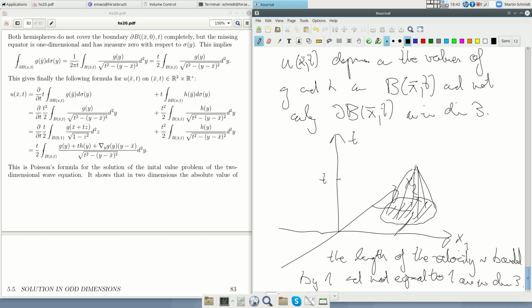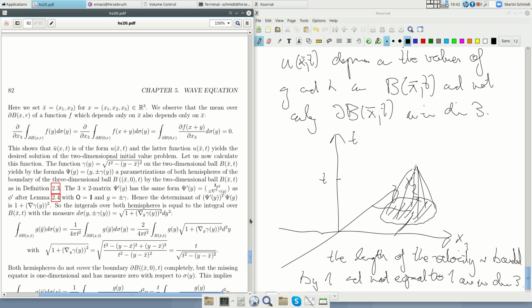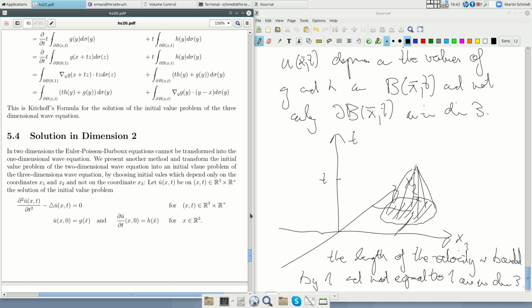And okay, so what we have done today, we introduced the so-called method of descent. So we transformed the two-dimensional initial value problem of the wave equation into a three-dimensional initial value problem, where we took in 3 dimensions initial values which do not depend on the third coordinate.